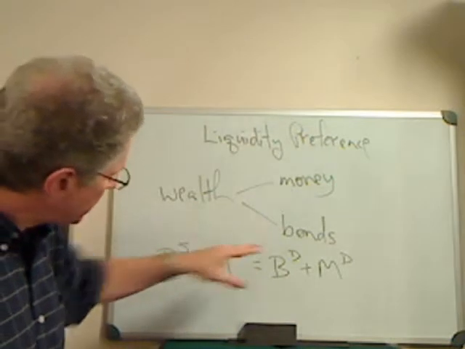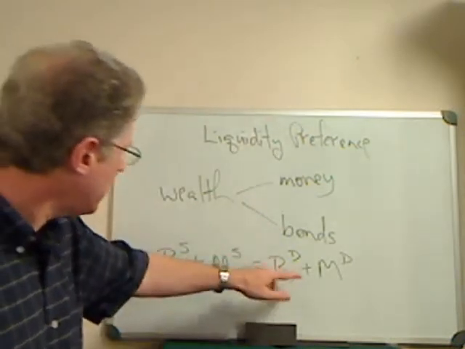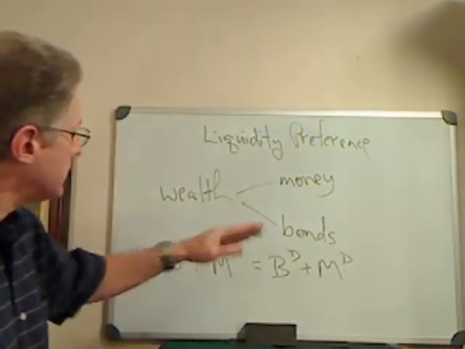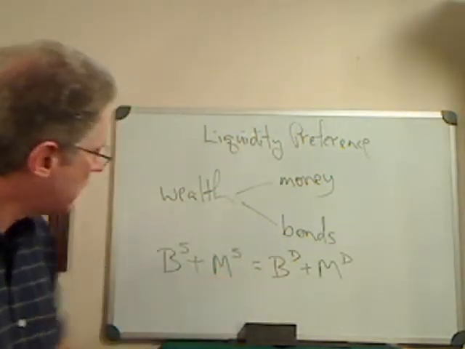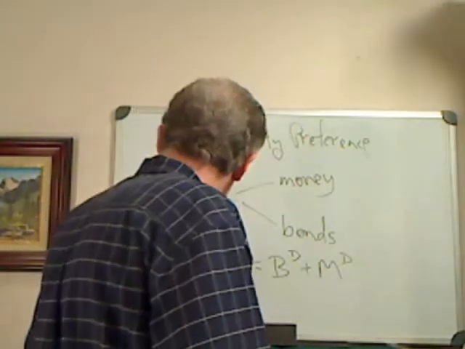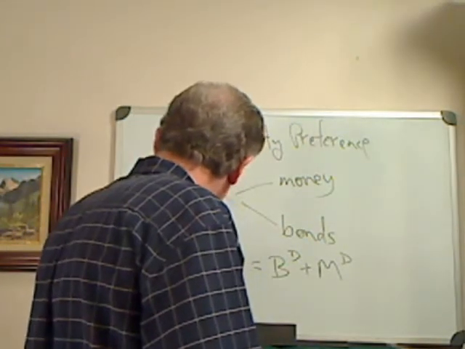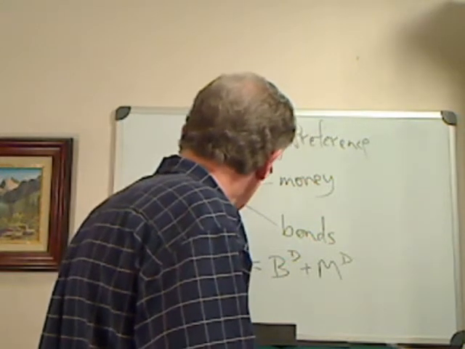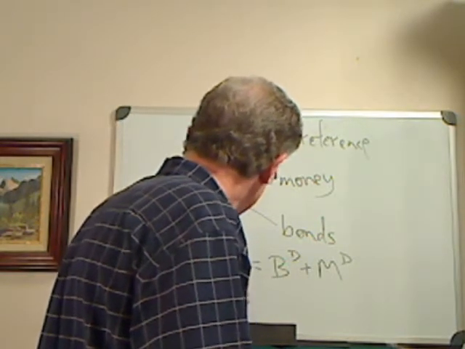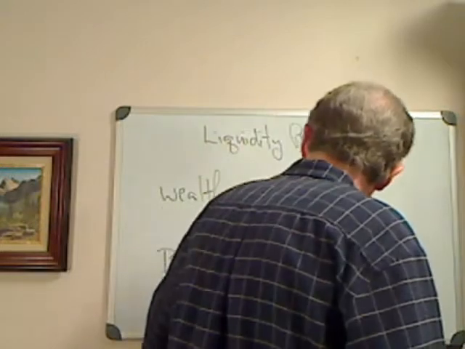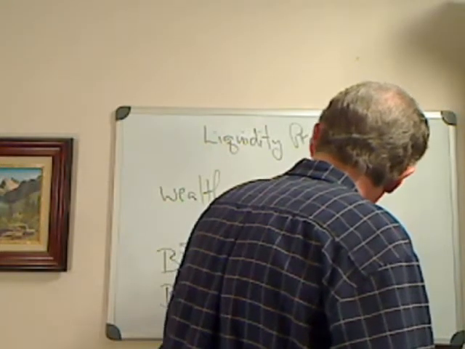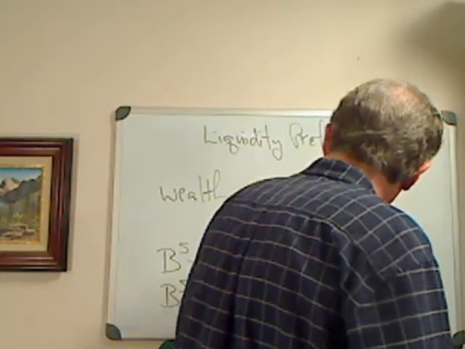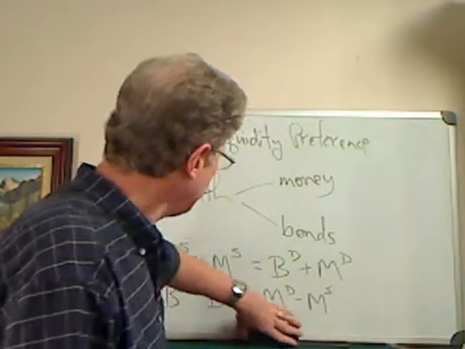If we simply rearrange by subtracting quantity of bonds demanded from both sides, subtracting quantity of money supplied from both sides, we get quantity of bonds supplied minus quantity of bonds demanded will equal quantity of money demanded minus the quantity of money supplied.